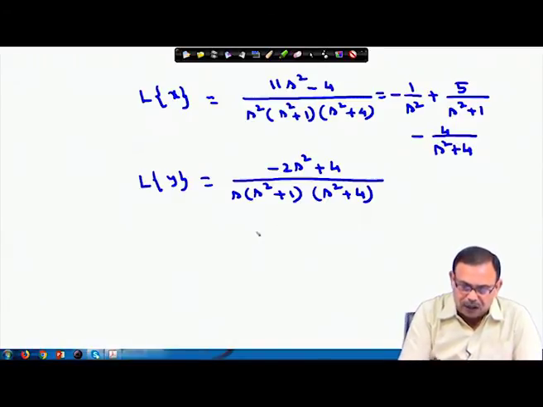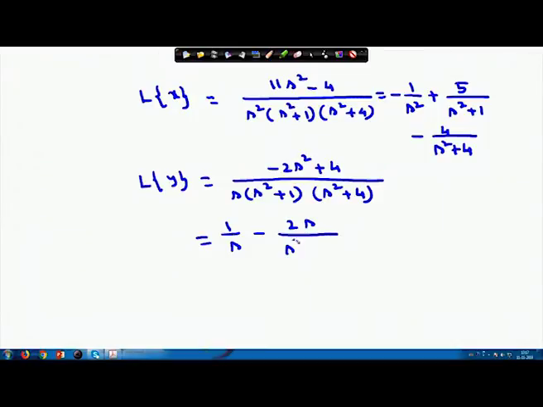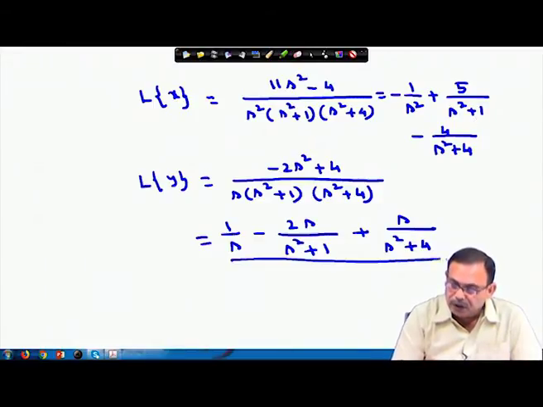And if I break the Laplace transform of y also, you will obtain 1 by s minus 2 s by s square plus 1 plus s by s square plus 4. So, once I obtain this, I can tell what x and y would be. x will be the Laplace inverse of this term and y will be the Laplace inverse of this given term.